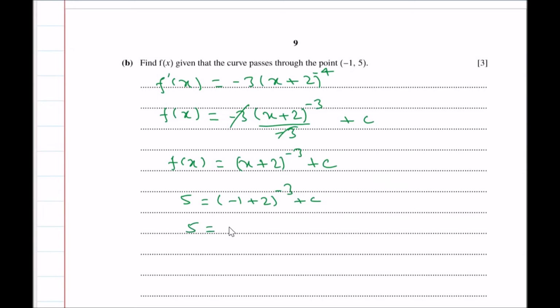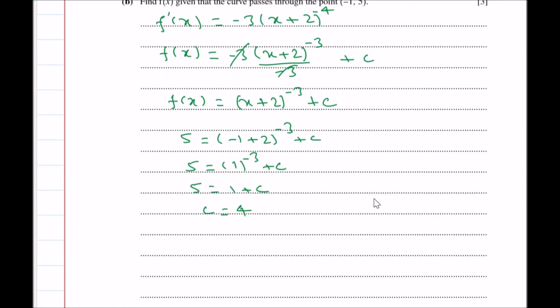So 5 equal to, we get minus 1 plus 2, that is positive 1 to the power minus 3 plus c. We get 5 equal to 1 plus c, and c equal to 4. Okay, you got c equal to 4, just substitute it in the function we got.